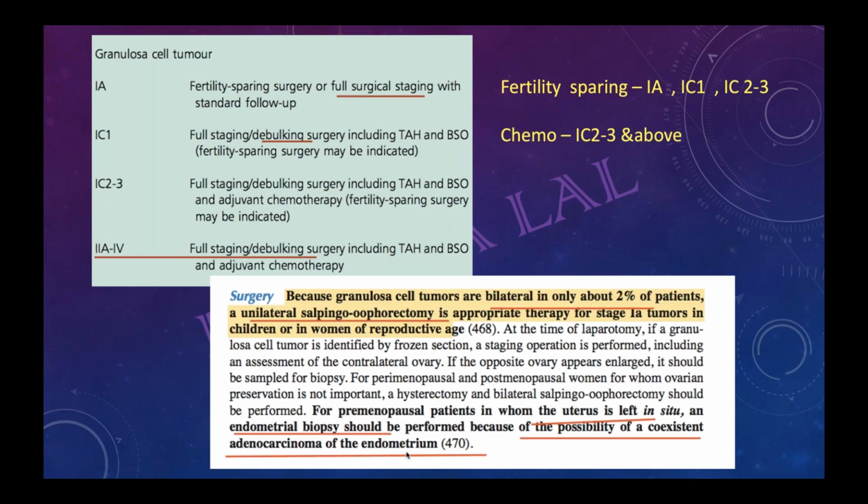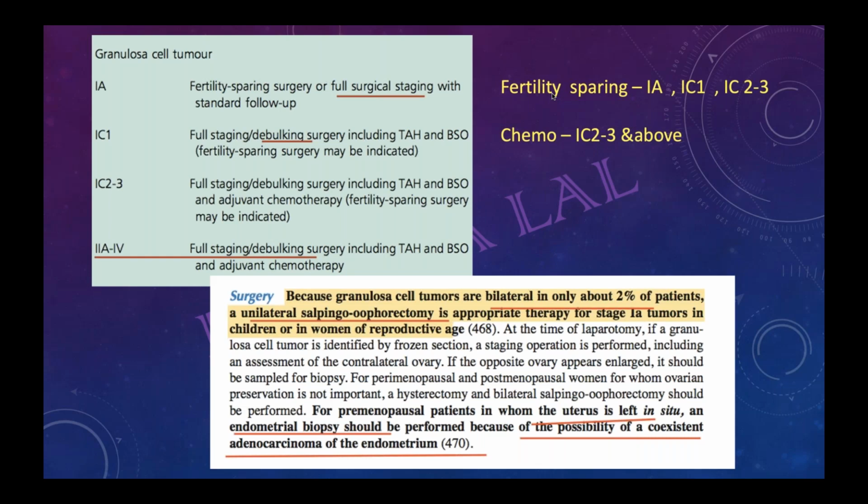For every tumor, remembering when fertility sparing surgery can be done will be very difficult. So as I said before also, in stage 1 fertility sparing surgeries can be done. In stage 1A grade 1, usually no chemo is required.